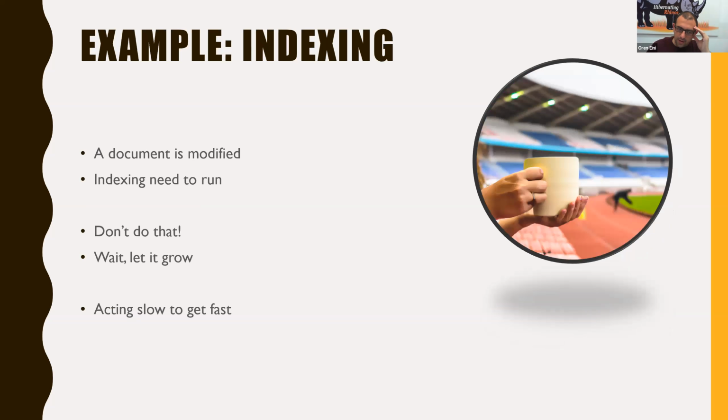Now, here is another example. And this is where things get really interesting. RavenDB has this notion of indexes, which means that you have a better way of actually searching for data. But this has a downside. If a document is being modified, we now need to run the indexes.